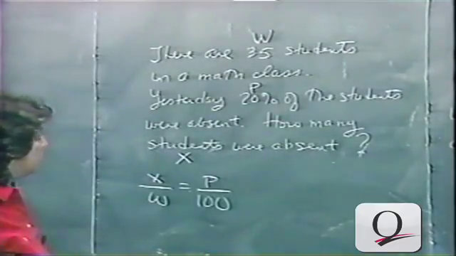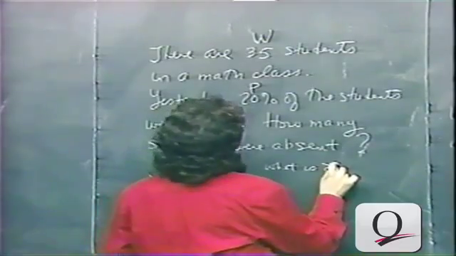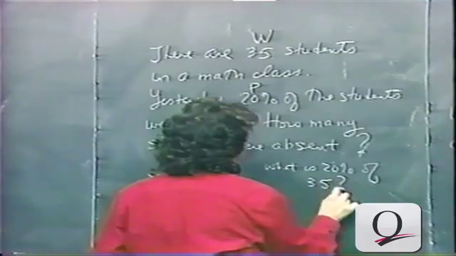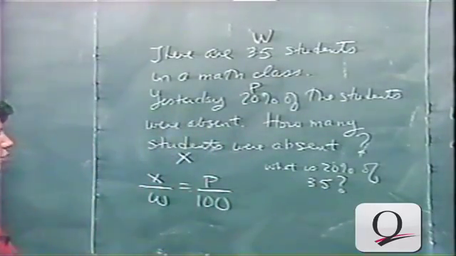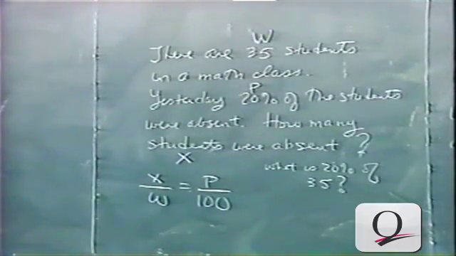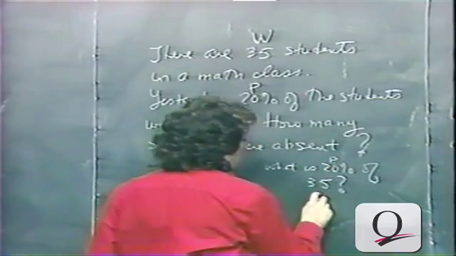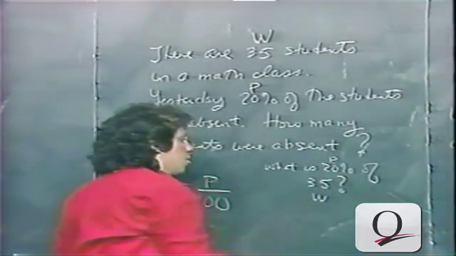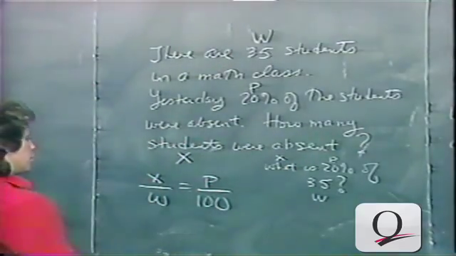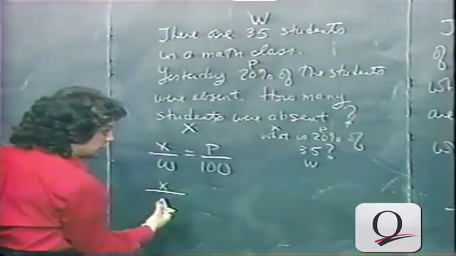Basically, what we're asking for here is, if you want to rephrase it, what is 20% of 35? This is the P. This is the whole. And we're looking for the part. So X is what we're looking for, the part of the class that was absent.